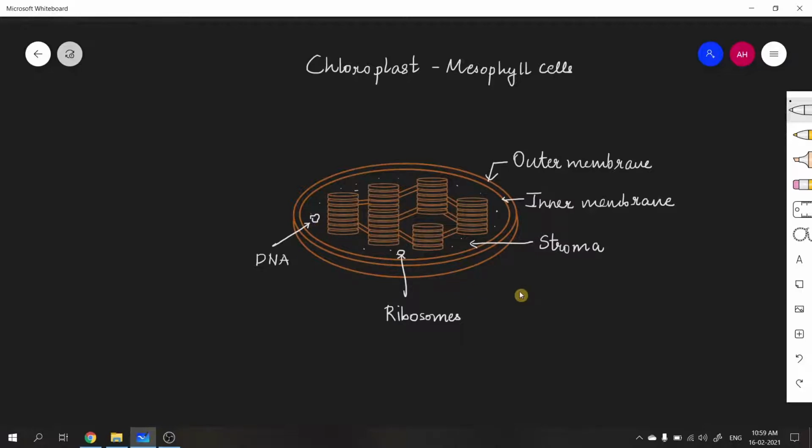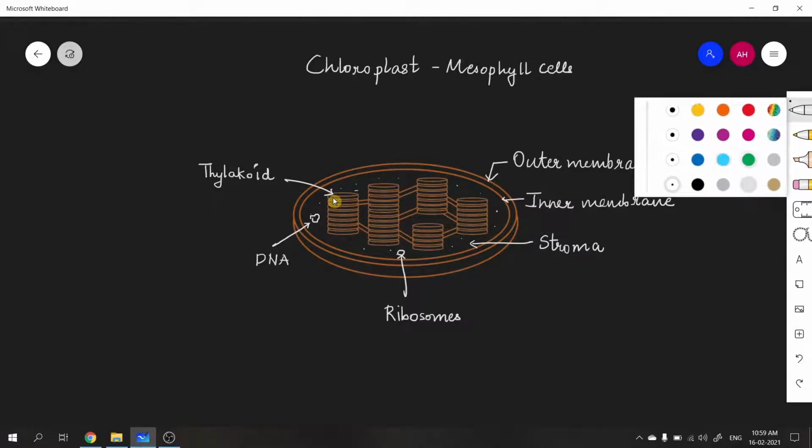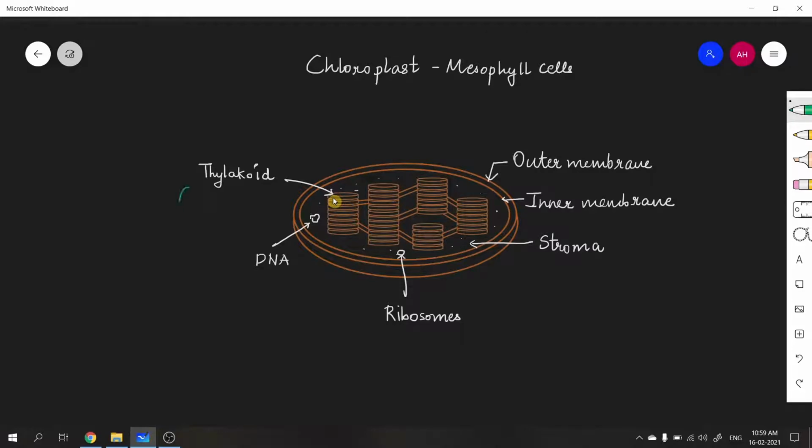And you can see here these flat disc-like structures. These flat disc-like structures are called thylakoids. Let me label that here. This is called a thylakoid. And in the membrane of these thylakoids, chlorophyll is present. So I'm going to mention chlorophyll over here. Chlorophyll is a green colored structure present in the chloroplast.